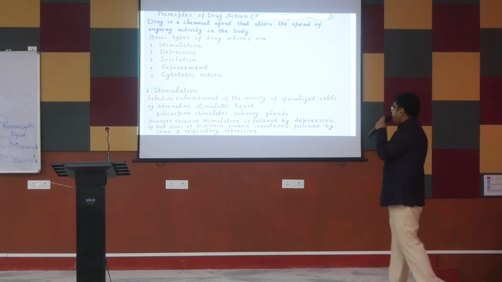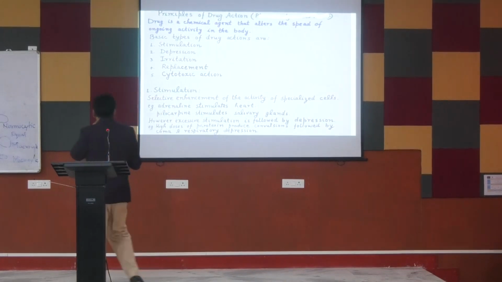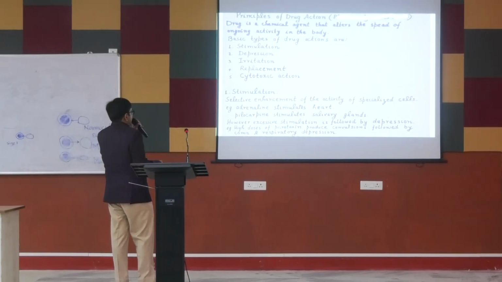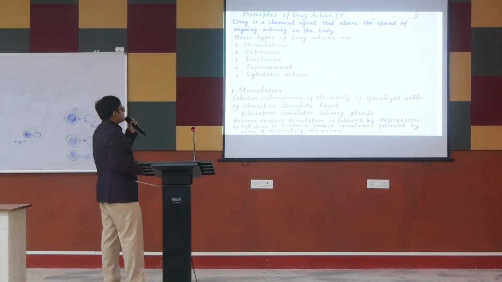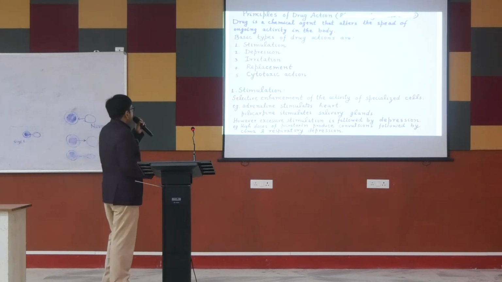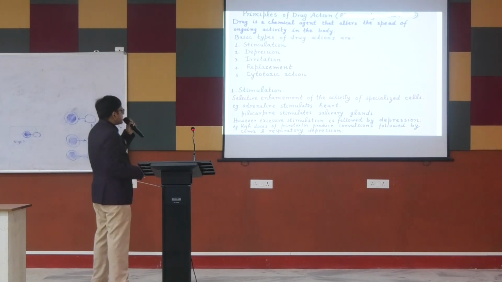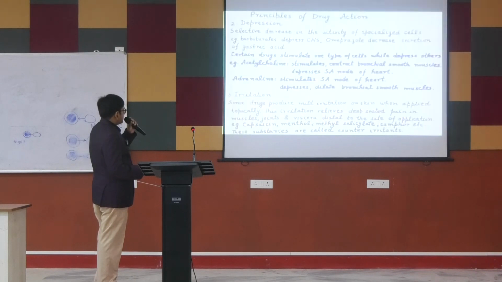First is stimulation. Suppose adrenaline: when you give a patient adrenaline in certain conditions, that adrenaline stimulates the heart. So the mechanism by which the drug here is interrupting the disease process is stimulation of a particular cell, stimulation of heart, cardiac cells.